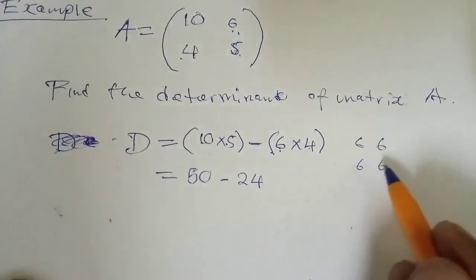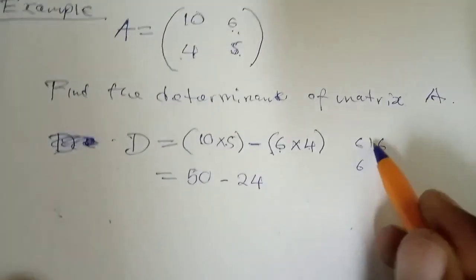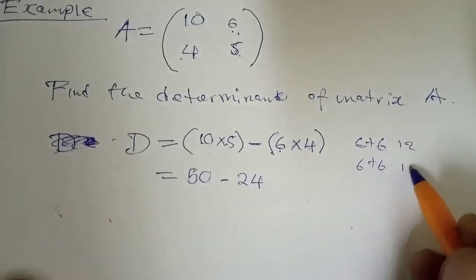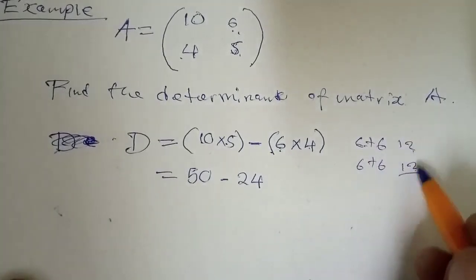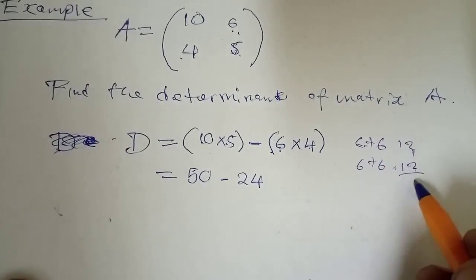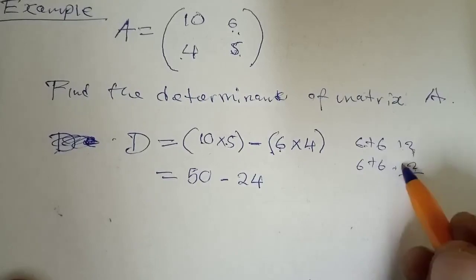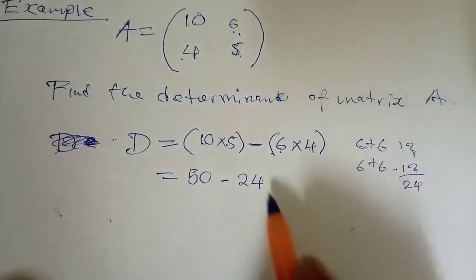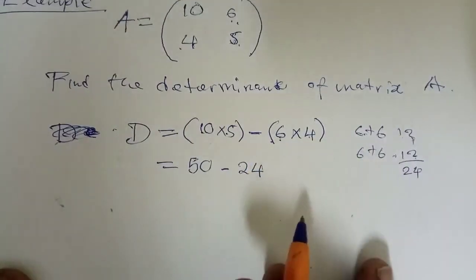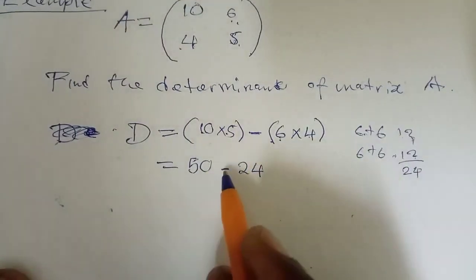There are four 6s here, so 6 plus 6 is 12, and 2 plus 2 is 4, so that is how I got 24. Simple as that.